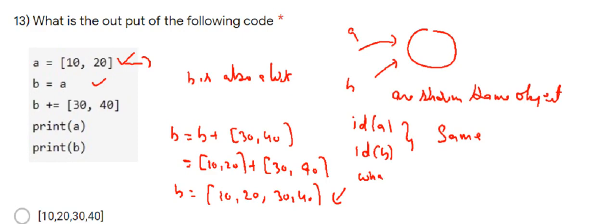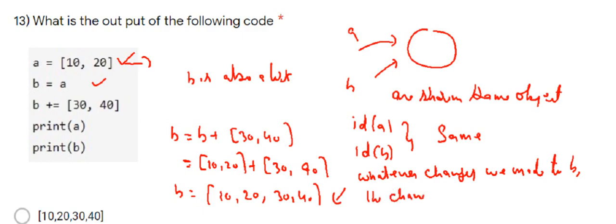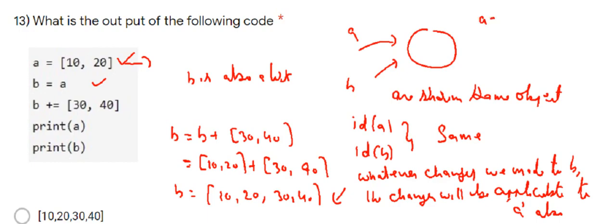Whatever changes we made to B, the same changes will be applicable to A also. Why? Because both are sharing the same object. So now A also has the same elements.